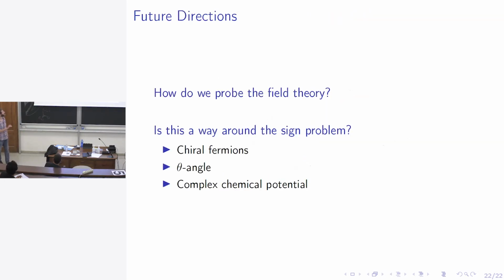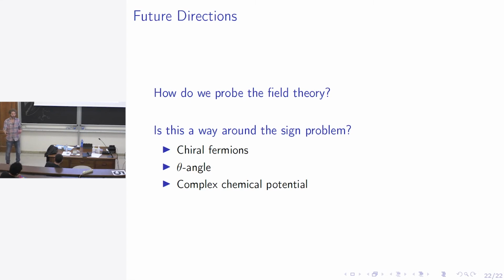Okay, so I'll just summarize maybe. In terms of future directions, there are two questions that we are mostly interested in. One of them is, how do we probe the field theory? How do we get to the continuum? How do we get to long correlation length? It's hard to see how to do this from this approach purely, but one could hope to combine this with some approach where you are trying to do block spin transformations and think about the RG flow.